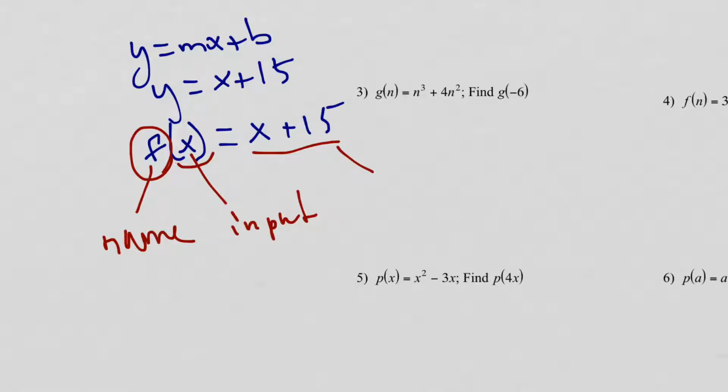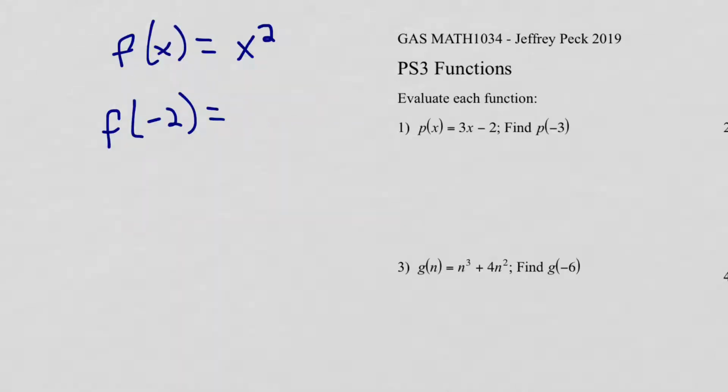It's important that you can send an input to the function, and then compute whatever that function does and get a result. Which is very much just like what we did with y equals x plus 15. Well, f of x equals x plus 15 is going to give you the same result. Functions just have some different properties versus the equations we looked at before. We discussed that a lot more in class. So with that said, let's look at how functions work.